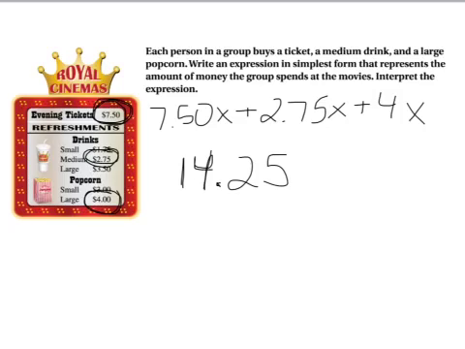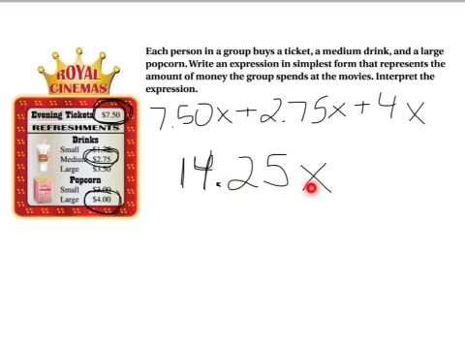Well, I'm just going to make it an expression of this and say 14.25x, because this variable x is going to represent how many people. If one person goes, it's $14.25. If 5 people go, you're going to multiply 5 times 14.25.